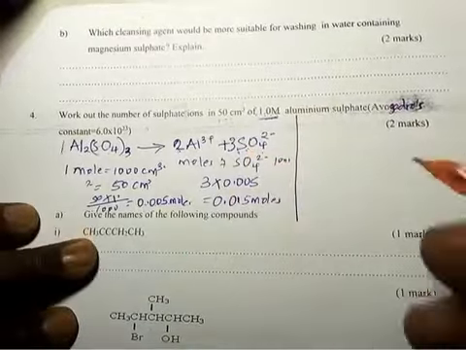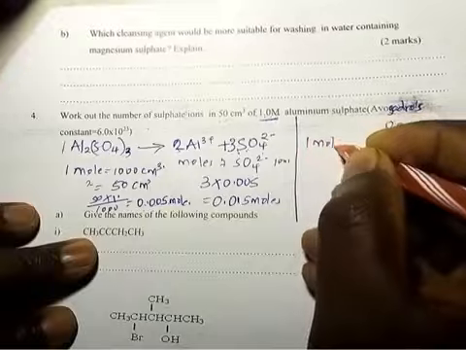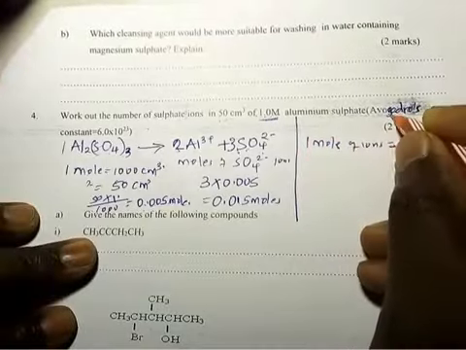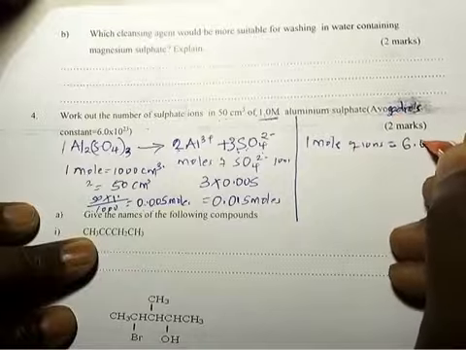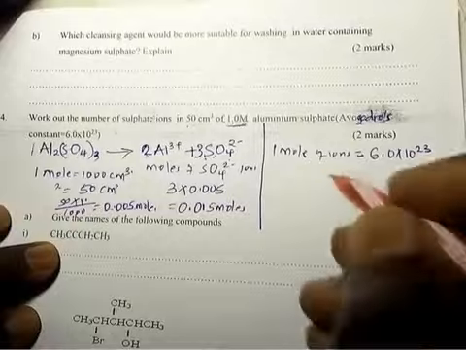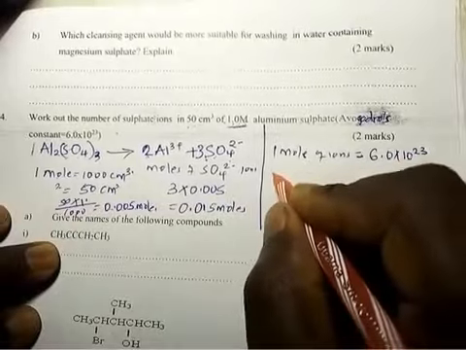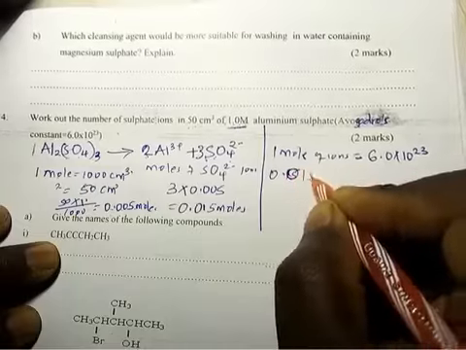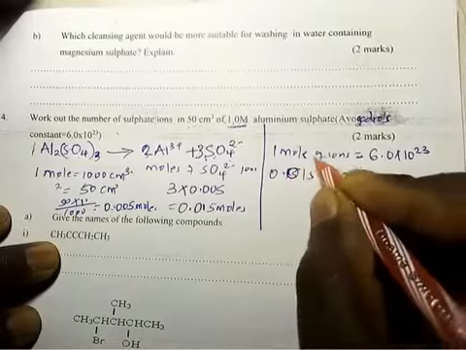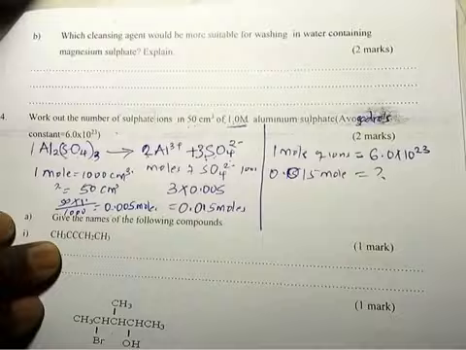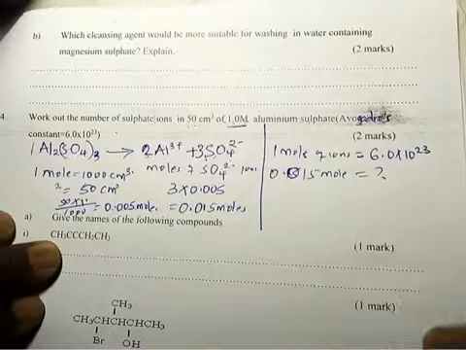Lakini tunajua kwamba 1 mole of ions is equal to Avogadro's constant, which is 6.0 times 10 raised to power 23. So we can ask: 0.015 moles of the sulfate ions will be how many particles, how many ions will be there.